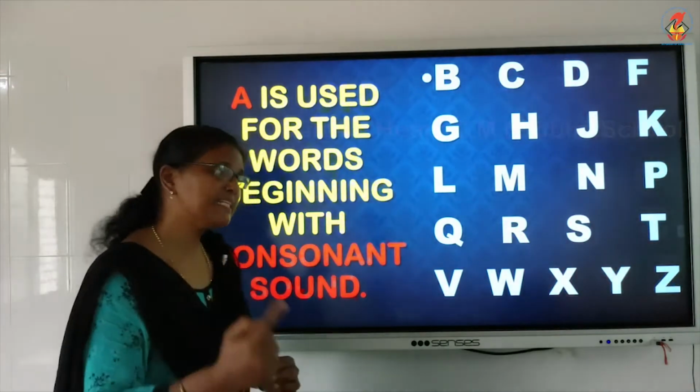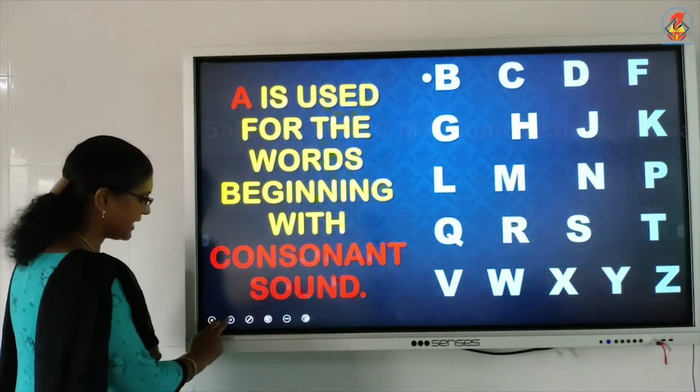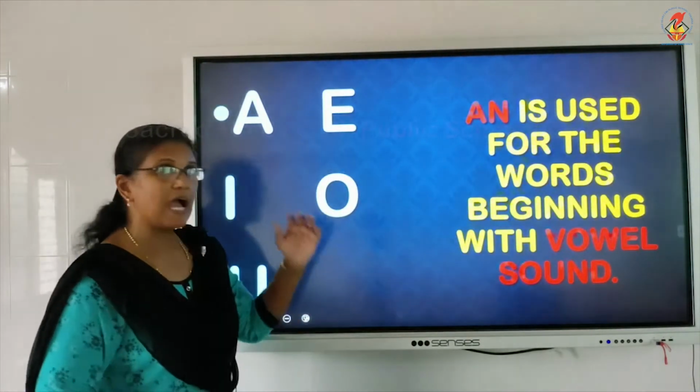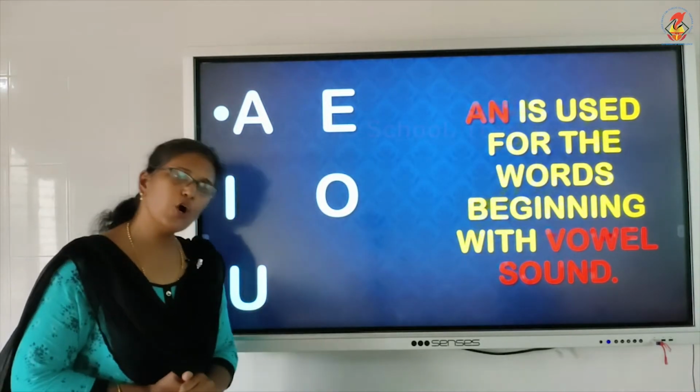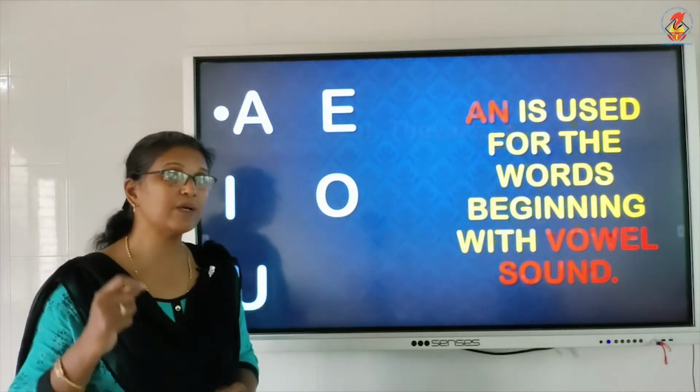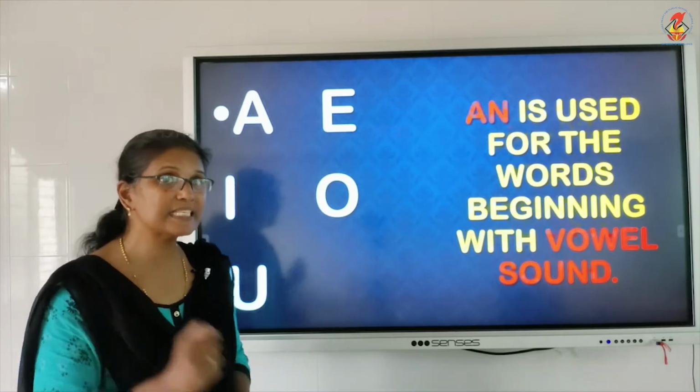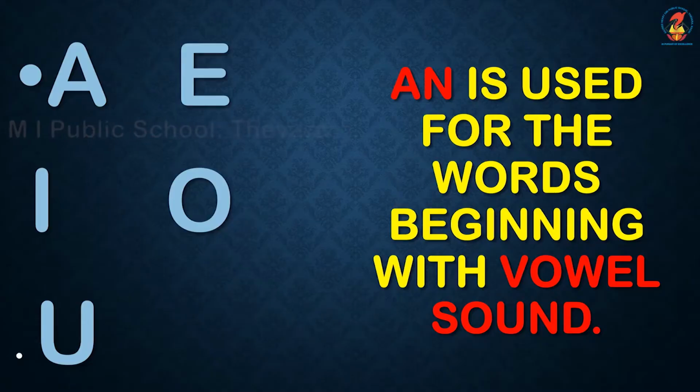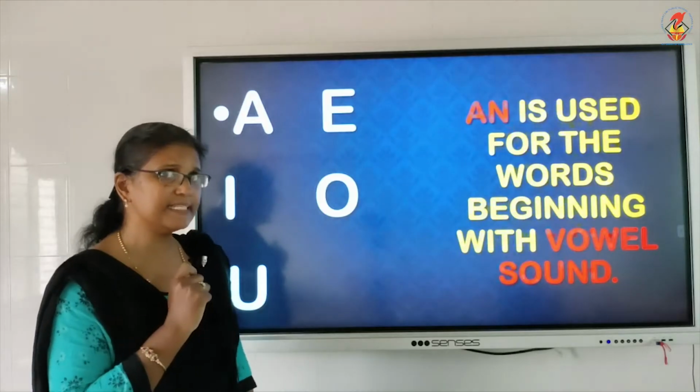Okay children, we will see more in the exercises. Now, an is used only for the words beginning with a vowel sound. A, E, I, O, U are the vowels, isn't it?